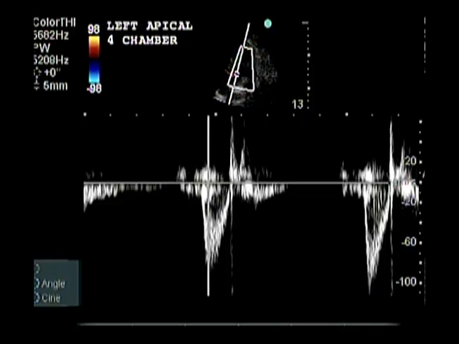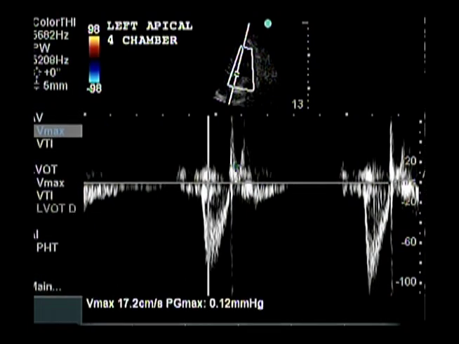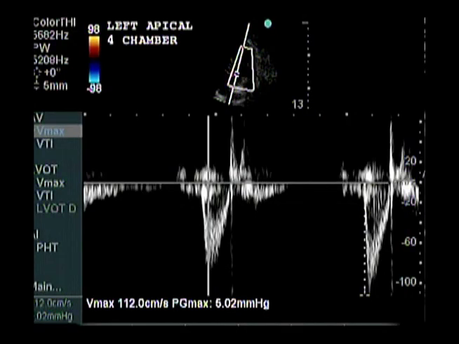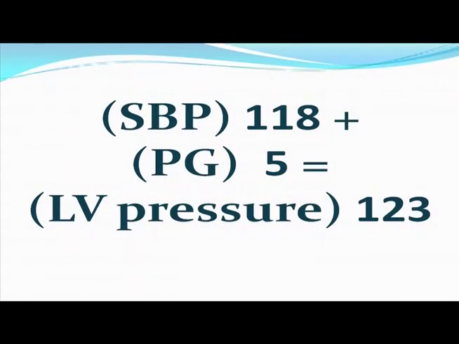In this case, the maximum velocity is 112 centimeters per second, and the calculated pressure gradient is 5 millimeters of mercury. The patient's systolic blood pressure was 118 millimeters of mercury. Therefore, 118 plus 5 equals a left ventricular pressure of 123 millimeters of mercury.